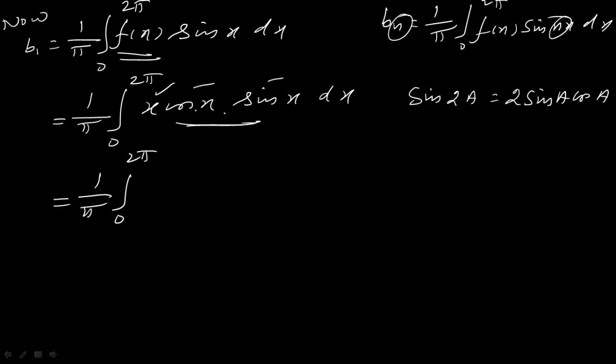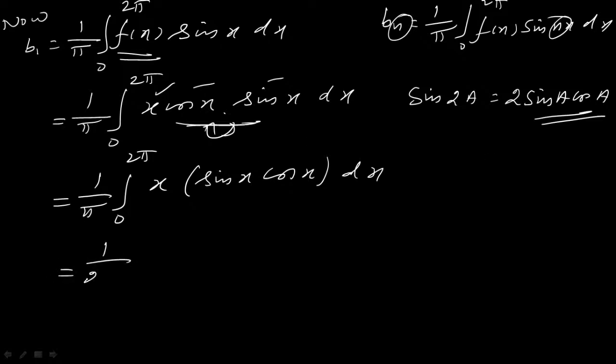This is of the form cos a, that is x, just take sin x front and cos x next, just interchanging the portion. Next step I am going to do. This is of the form sin a cos a. So if you have sin a cos a, what you are going to do? Or otherwise, let me do as we do in case of previous. You just multiply and divide by the value 2.